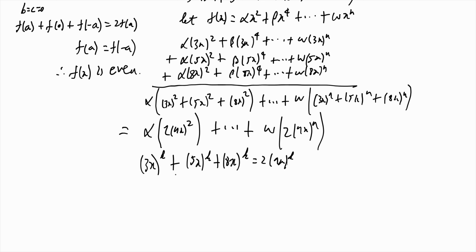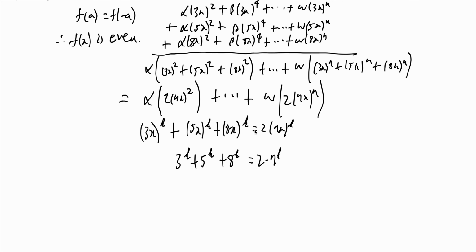Let's divide by x to the power of k on both sides for simplicity. Actually, to be honest, I was so mad when the official solution said that k must be less than or equal to 4, but the solution did not provide more information about it.